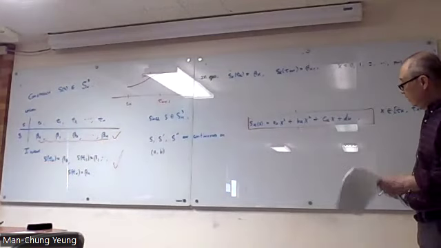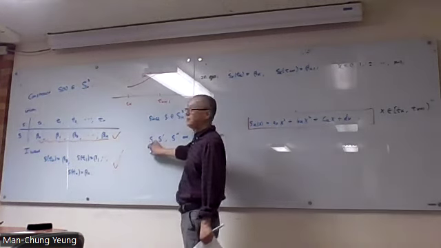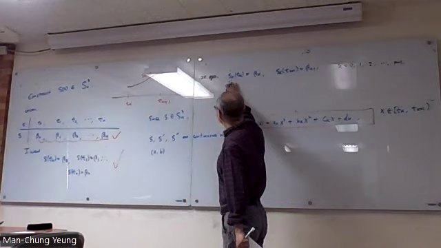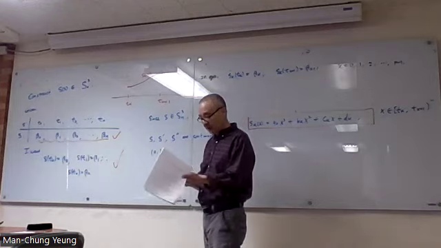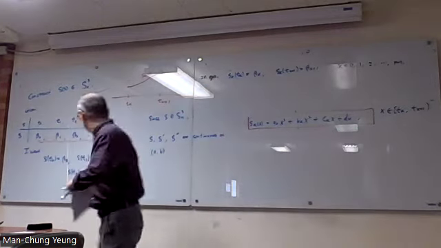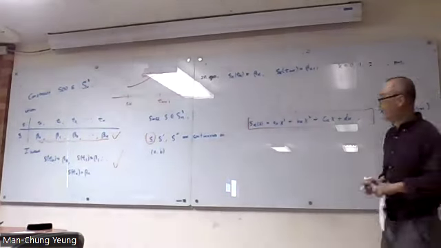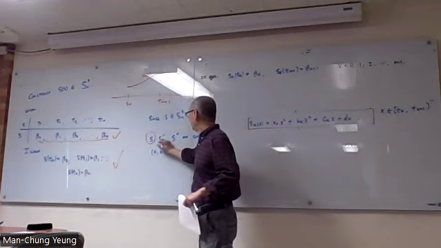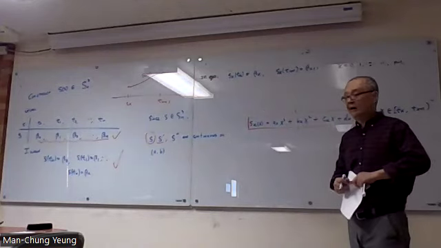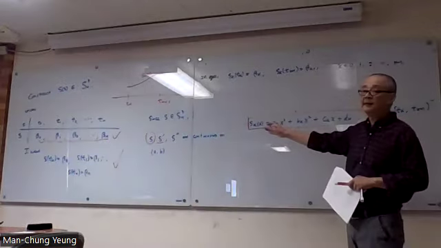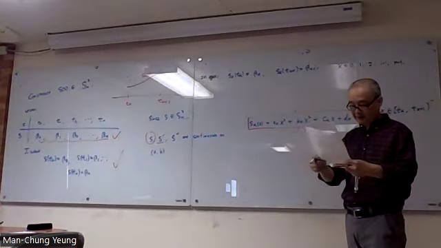Now, when Sk satisfies these equations, S is automatically continuous. Now, derivative is continuous. From the continuity of S prime, we can have some equations.